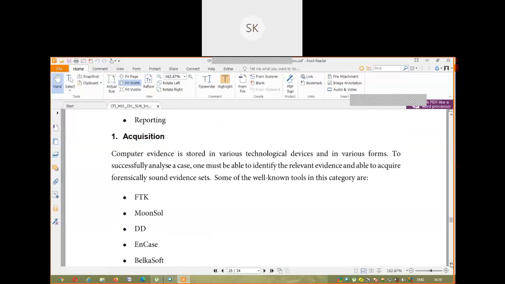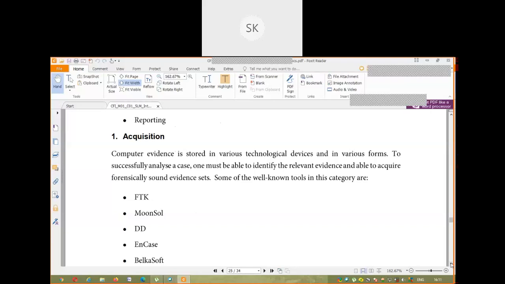So what is acquisition? To successfully analyze a case, we must identify the relevant evidence. Okay? So somehow we have to acquire that evidence properly.